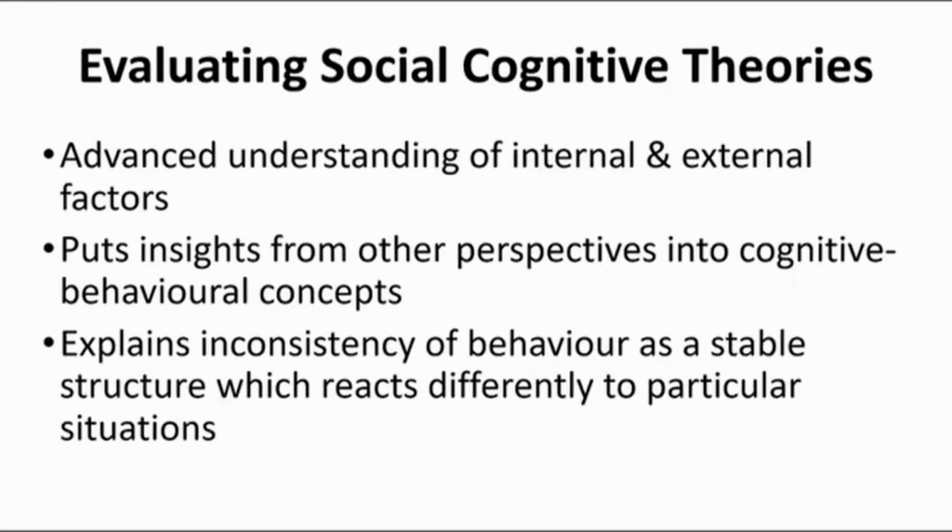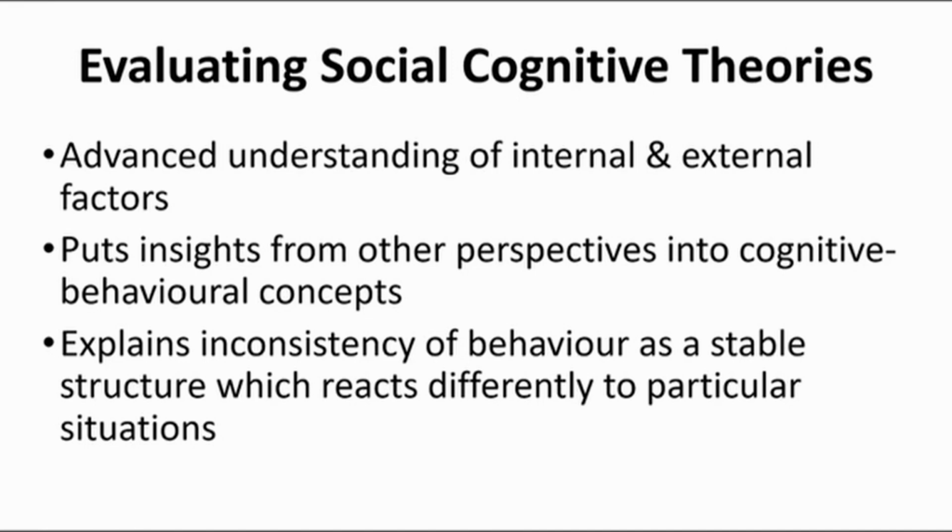And again, at the end, we can start evaluating these social cognitive theories of personality. The good parts are that it's an advanced understanding of both internal and external factors. We're looking at a lot more aspects that can relate to personality. We're not just looking at internal, we're not just looking at external, we're starting to look at both and even looking at the interactions between them.